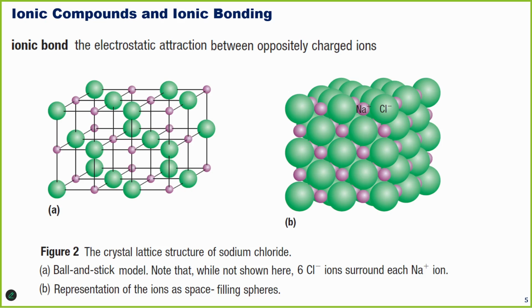The electron transfer occurs because chlorine atoms have a much higher electronegativity than sodium atoms, and hence have a very strong attraction for the sodium atom's single valence electron.